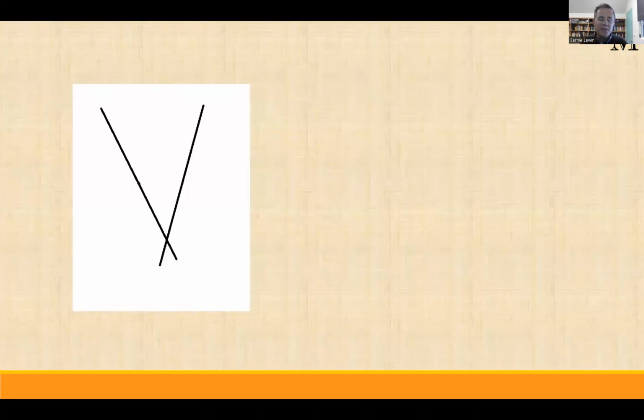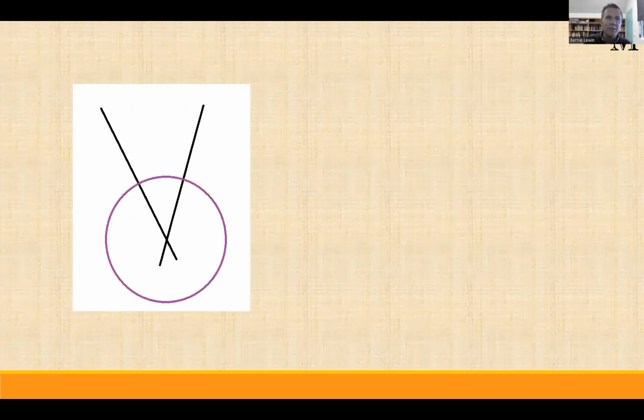And one of the things we emphasized in the first class, just to get people warmed up, was how to bisect an angle. A very basic thing that we'll be doing all the time.